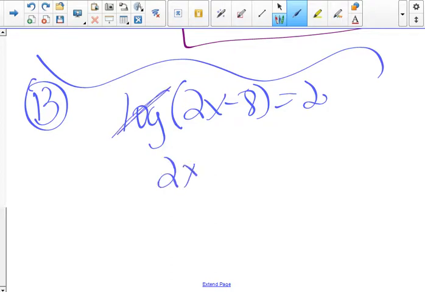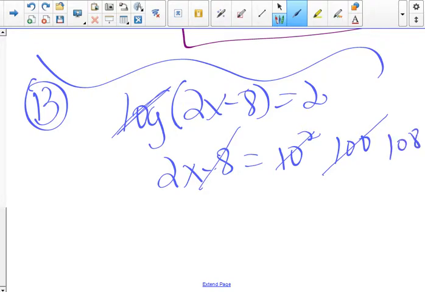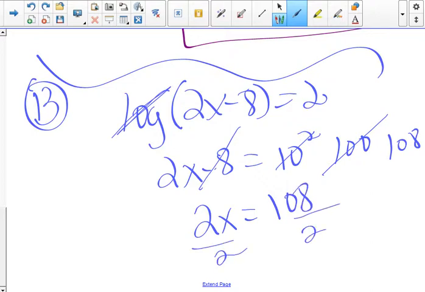So this becomes 2x minus 8 equal 10 squared, which is 100. Now add 8 to each side, and we get 108. So we have 2x equal 108. Now divide each side by 2, and we get that x equals what? 54.